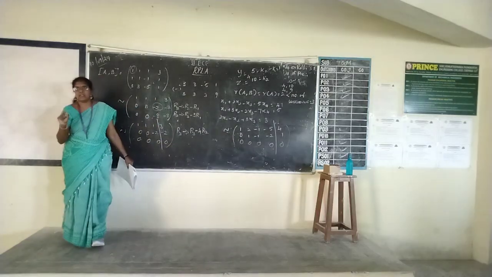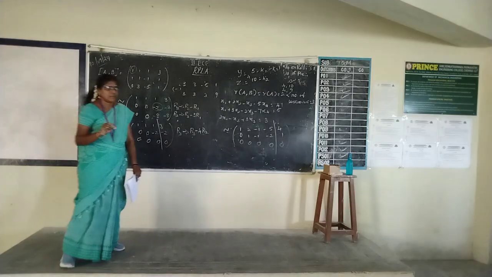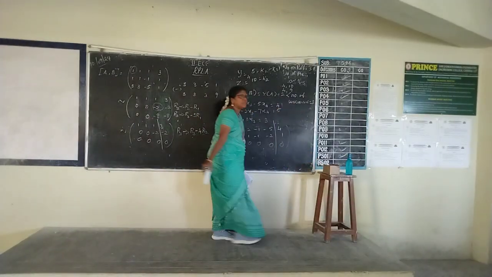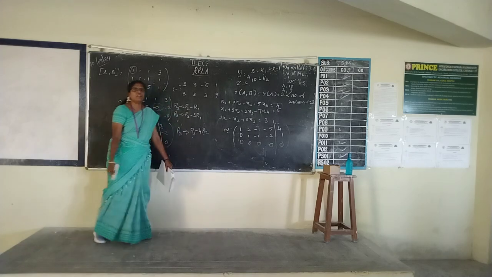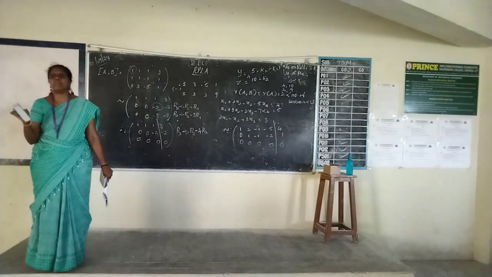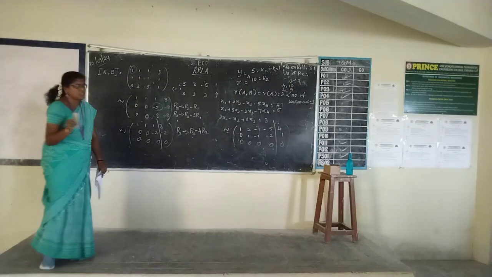Both are equal. So is the system consistent or inconsistent? Consistent. Finite solution or infinite solution? Infinite. The number of unknowns is 4, so the rank is less than the number of unknowns. So it is going to have an infinite number of solutions.